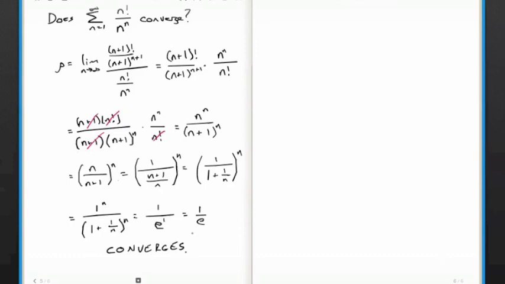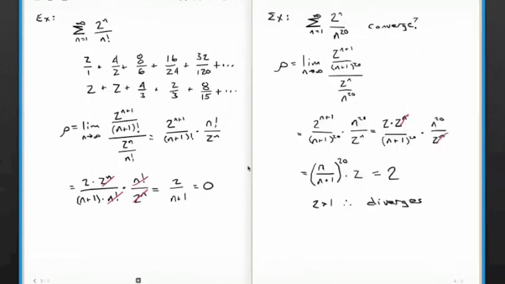Good. Now, we've done a few examples here. Let's take a look at the examples we did. n factorial over n to the n: that one's got a factorial and some exponentials in there. This has got a constant to an exponent, so this becomes an exponential, and this is an exponent with an n, more of the same, exponents, factorials.